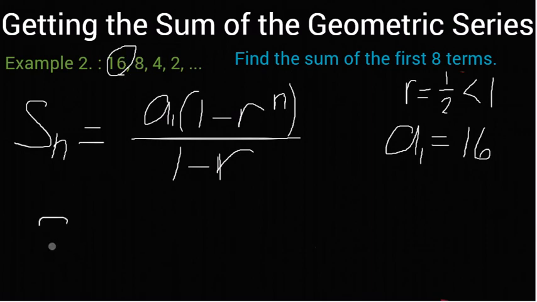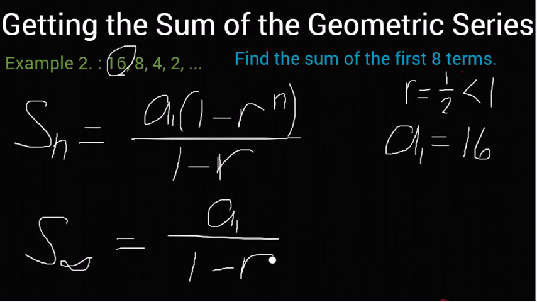We use the infinite formula: the first term divided by 1 minus r. Our first term is 16, and r is 1/2.